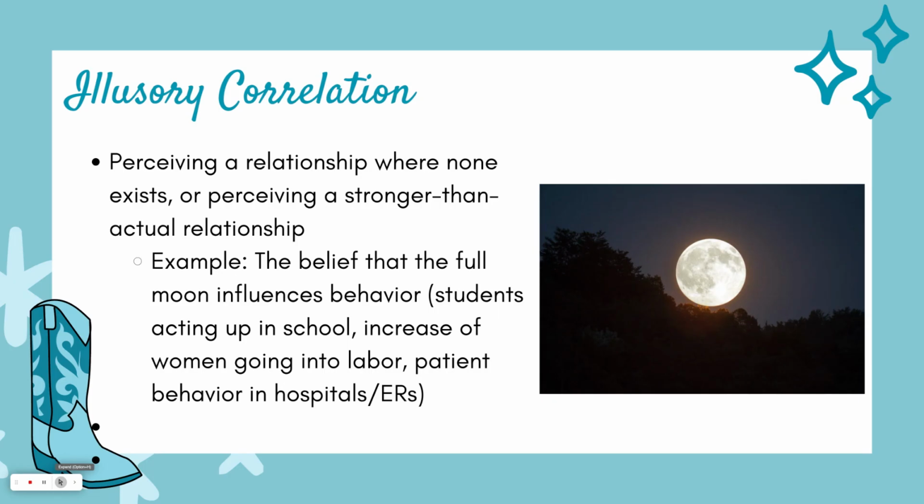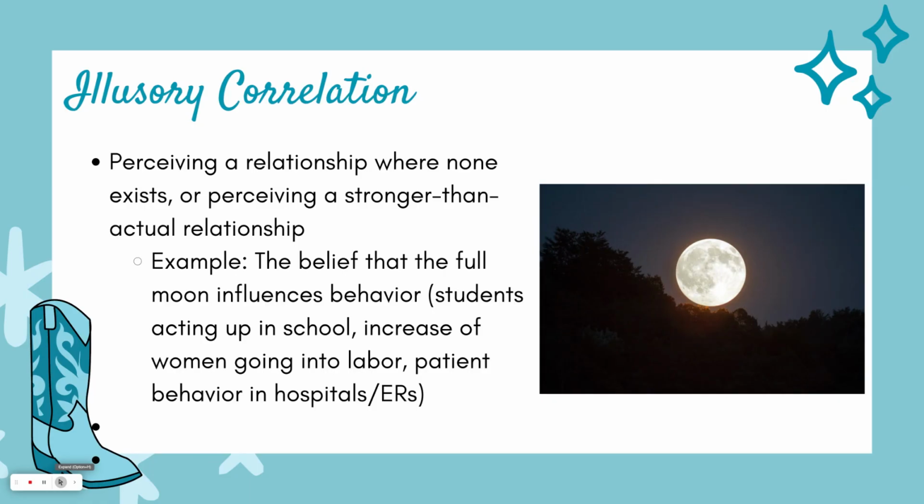Sometimes we also get what are called illusory correlations, meaning we may believe there's a relationship between two variables when in fact there's either none or a weaker than we believe there is relationship.